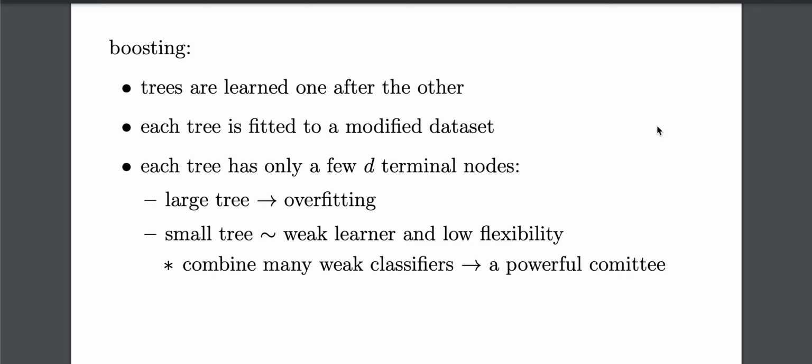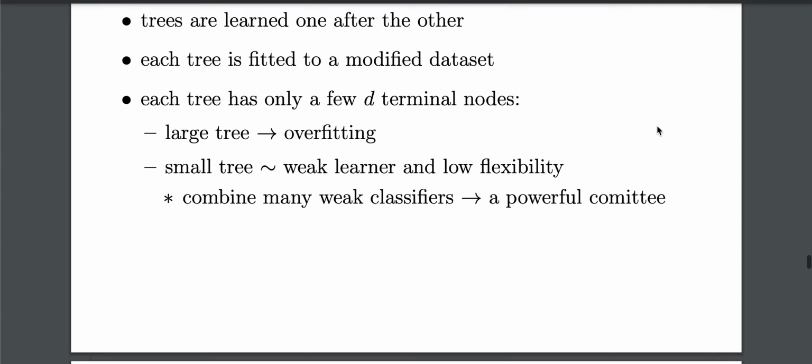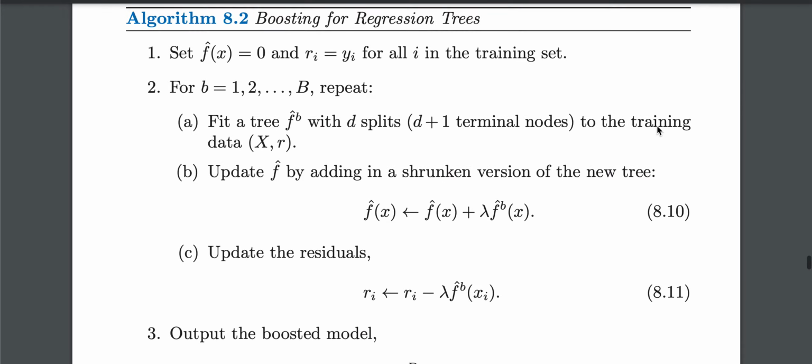So how does that work? At any stage we have a model, and we fit a decision tree to the residuals of the model. And here's the algorithm. Just take a look a little bit.